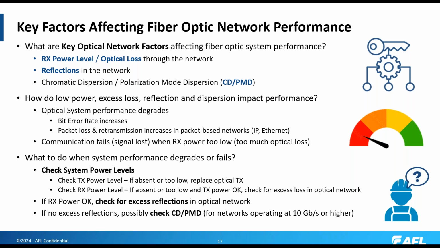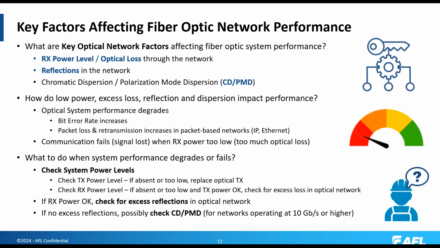If your transmit power level was okay, but you're not getting enough power at the far end of the network before it goes into your receiver, if it's absent or too low, check for excess loss in your optical network. If your receive power is okay, but you're experiencing degraded performance, check for excess reflections in the optical network. And then lastly, if there were no excess reflections and you're operating a very high speed network, check for chromatic dispersion and polarization mode dispersion.